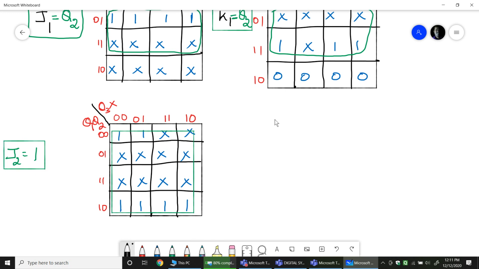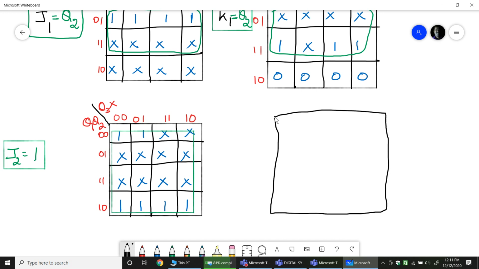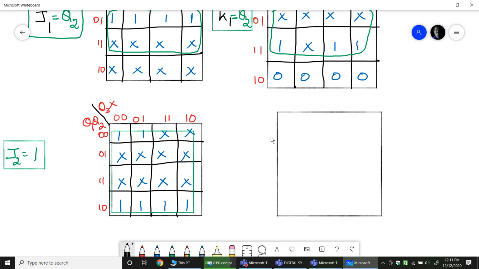Now I will write the K-map for K2. What is K2?